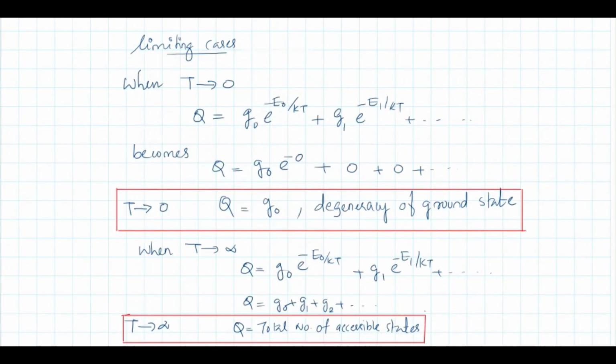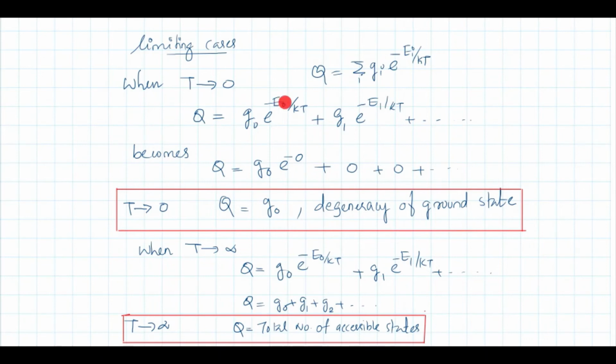Now we will consider two limiting cases. First, temperature tends to 0. This we already discussed. The partition function Q is sigma i Gi e raised to minus Ei by kT. In the limit T tends to 0, you have g0 e raised to minus e0 by kT plus g1 e raised to minus e1 by kT plus so on.